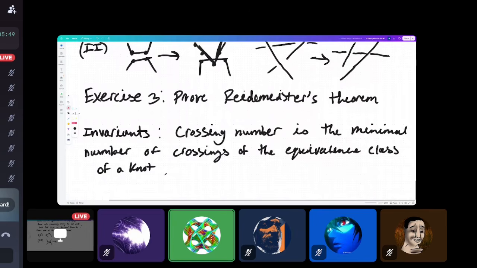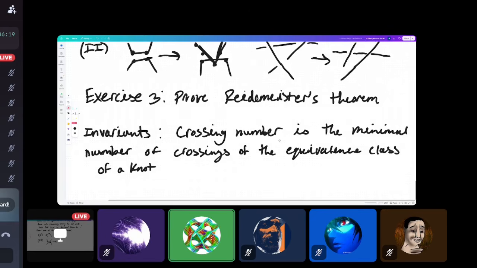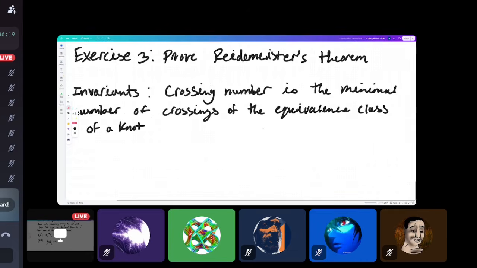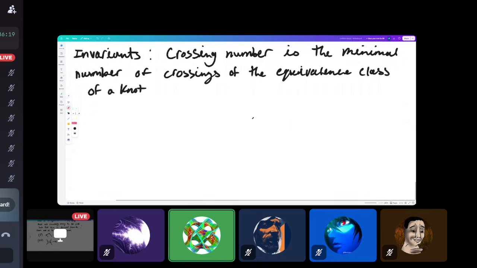So basically, you take all the knots in the equivalence class, you look at how many crossings each knot in that equivalence class has, and then you pick the number that is the smallest out of all of those. That is going to be an invariant. It's almost by definition you can see that it's an invariant because it's defined on taking all of the equivalence classes.